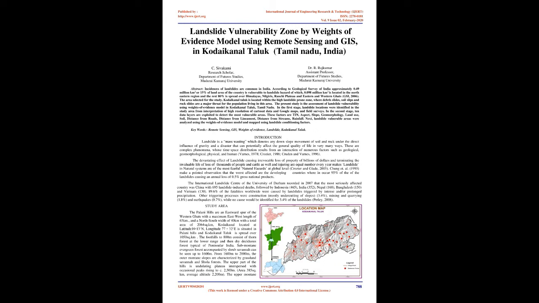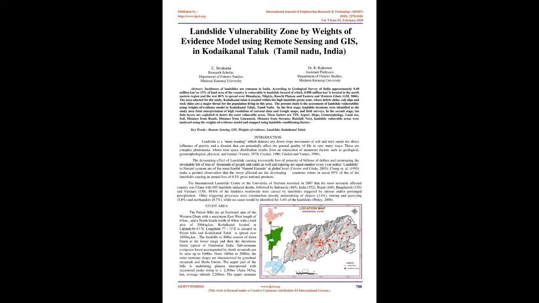The International Landslide Center of the University of Durham recorded in 2007 that the most seriously affected country was China with 695 landslide-induced deaths, followed by Indonesia, 465, India, 352, Nepal, 168, Bangladesh, 150, and Vietnam, 130. 89.6% of the fatalities worldwide were caused by landslides triggered by intense and/or prolonged precipitation.